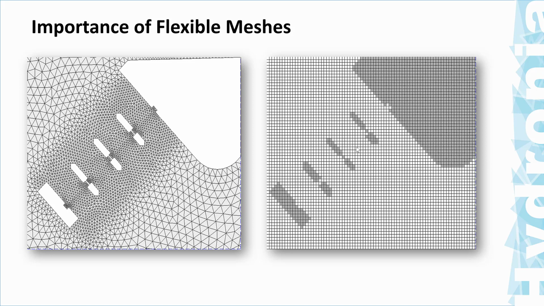Now, on the right, what you see is a square grid 2D model. There are models that use the finite difference method mainly, and they use a square grid. And the square grid is formed by square cells instead of triangles, and they cannot be adapted to irregular geometry.